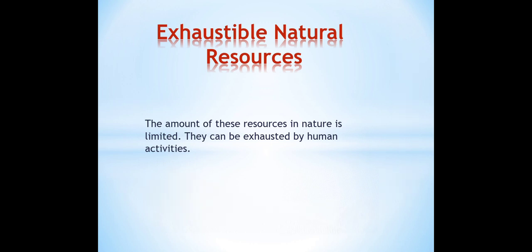Then come exhaustible natural resources. The amount of this resource in nature is limited. It can be exhausted by human activities. So these natural resources are very limited and they can get finished in future.